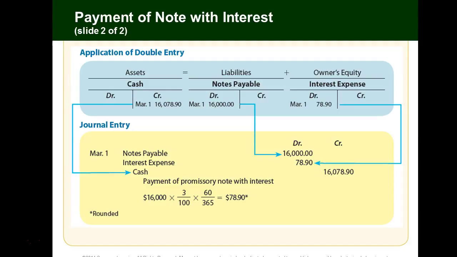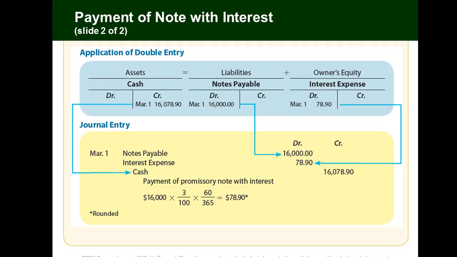So we show a debit to notes payable of $16,000. We don't owe it anymore because we just paid it off. We're also going to calculate how much interest we owe, which we'll look at in a minute. When we pay our cash, we're not just paying the $16,000 we owe. We also owe the interest, so we credit cash for the loan plus the interest.